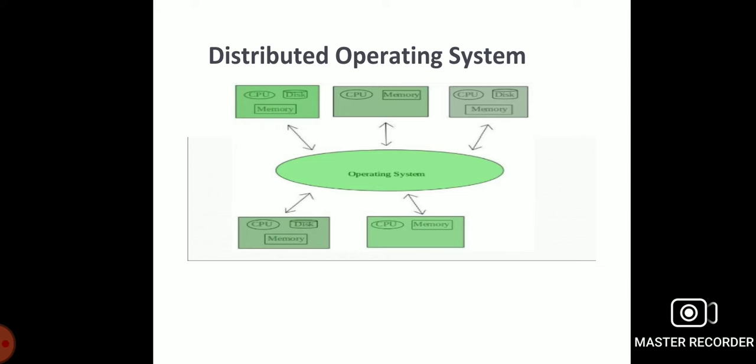The first system is a memory, disk and CPU system. These are one of the core processing units. The different types of core operating system are intermediated through the operating system in the host processor. It is a distributed operating system. It is one of the wired or wireless communication examples.